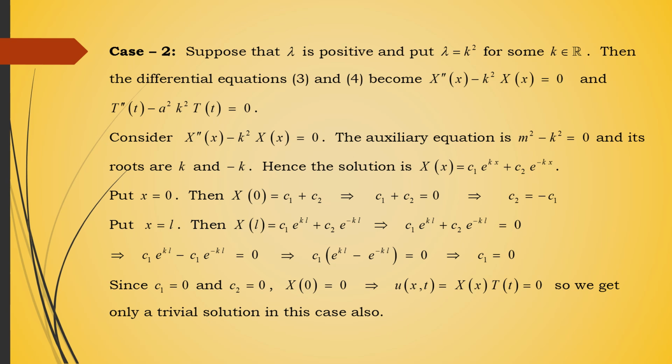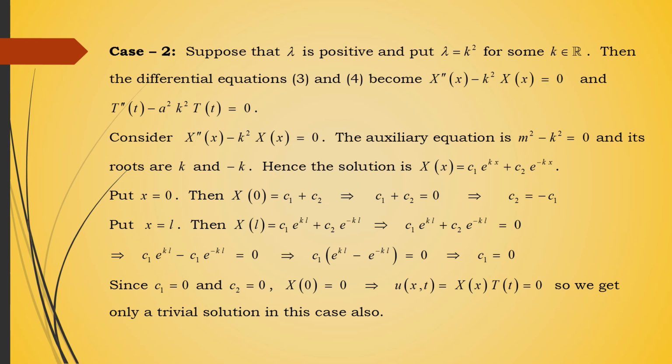Similarly, if we consider T double dash of t minus a square k square T of t equals 0, its corresponding auxiliary equation is m square minus a square k square equals 0. That gives us the roots m equals plus ak and m equals minus ak.